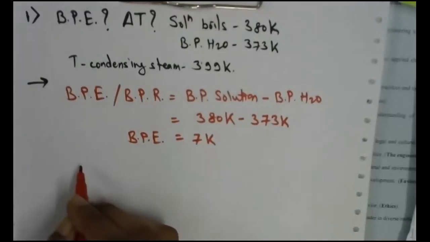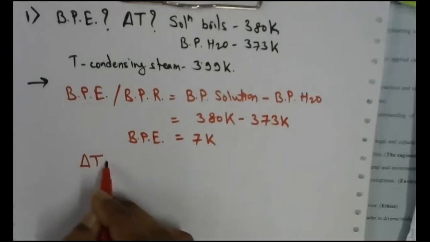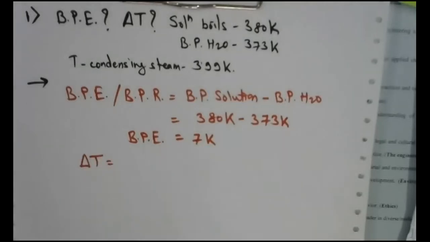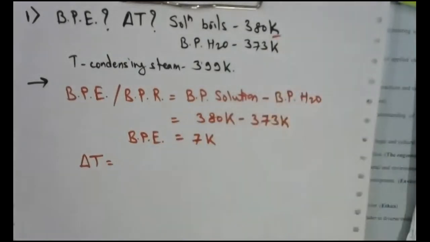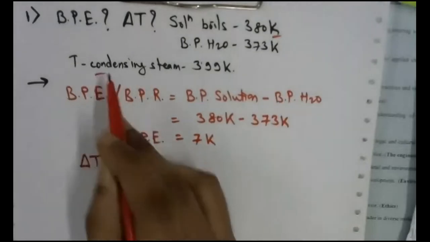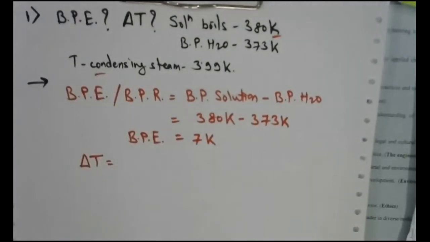Now they also ask to calculate the driving force. What is the driving force? It is the temperature difference between the steam and the solution temperature. Here they have given the boiling temperature of the solution and the temperature of the condensing steam.